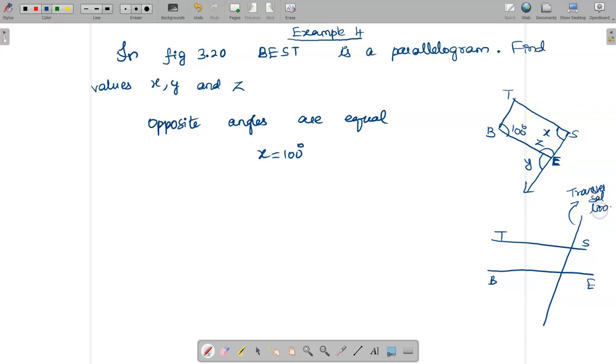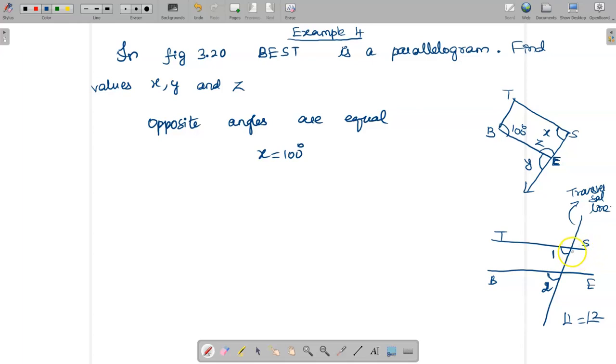When we have two parallel lines and this transversal line crossing it, we can say that the angle here and here will be of equal measure. For example, let me say this angle is 1, then the angle formed here, let me take as angle 2. So angle 1 is equal to angle 2.